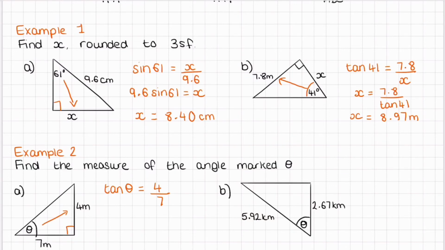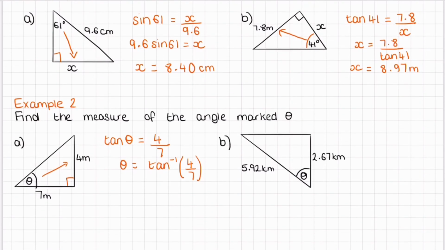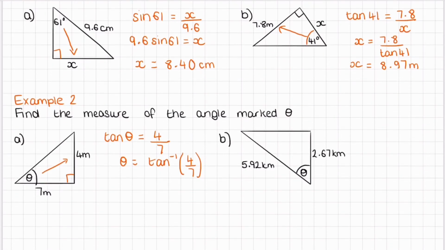So the way we do that is to use the inverse of tan. So theta equals tan^-1 of (4/7). When you put that in your calculator, you will get 29.7. And as we're finding the angle, the units will be degrees.